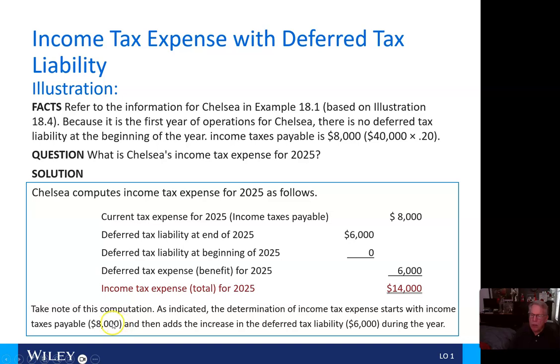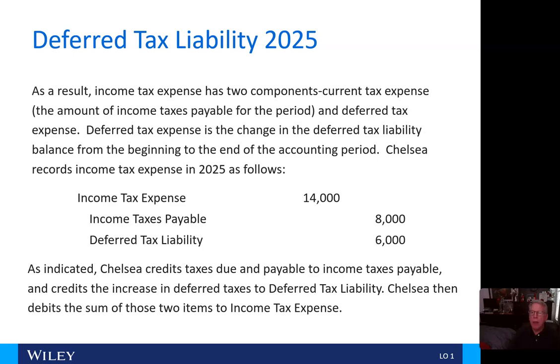And as it says in this note, as indicated, the determination of income tax expense starts with income taxes payable and then adds the increase in the deferred tax liability, in this case $6,000, during the year. So, as a result, income tax expense has two components.